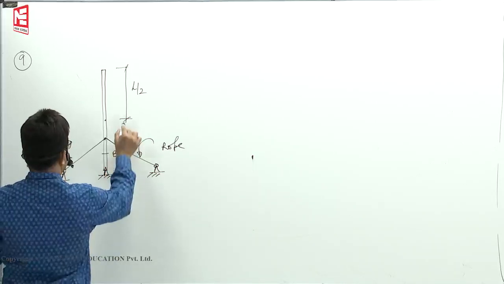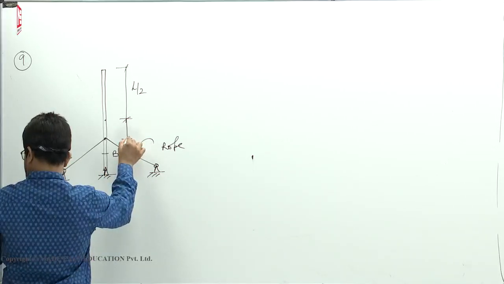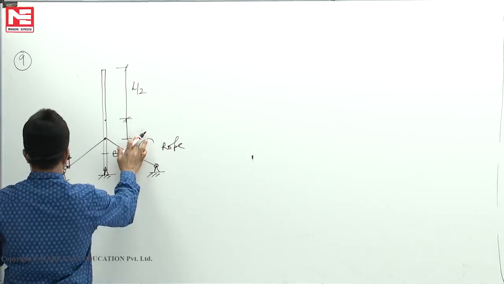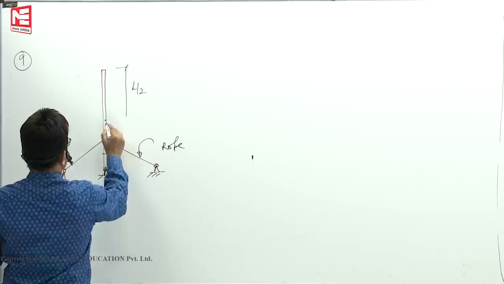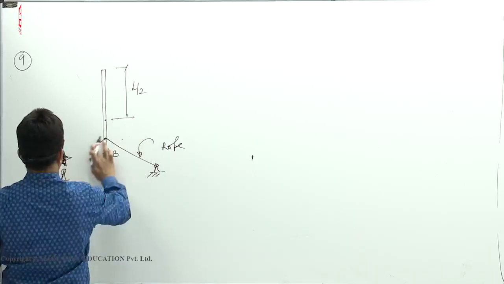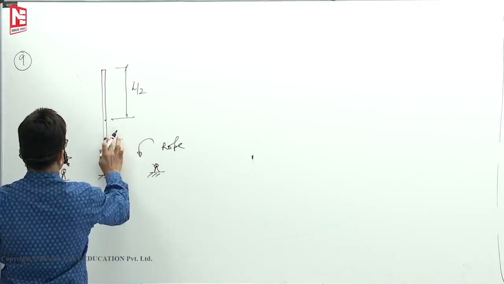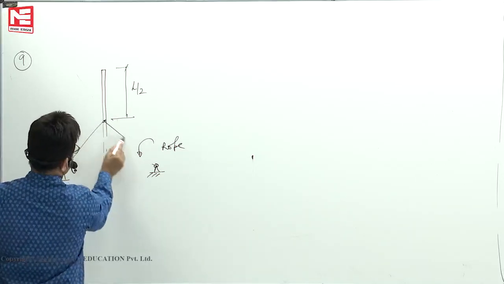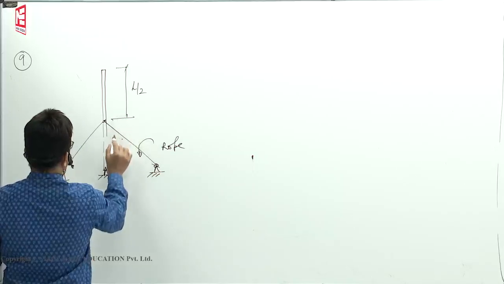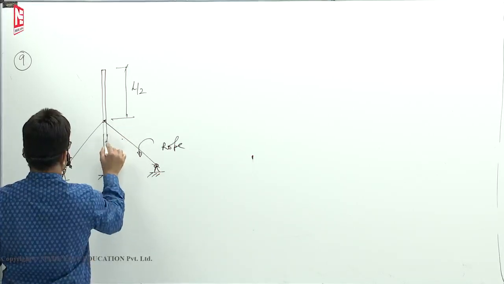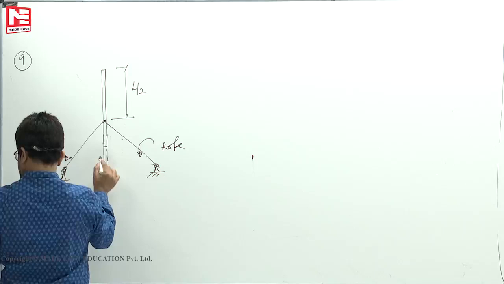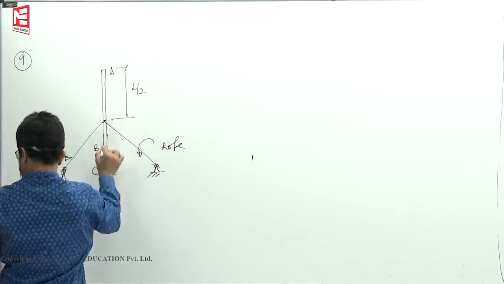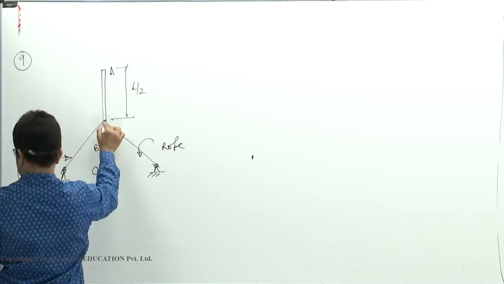This point, let us say, somewhere here B. So from here to here it is L by 4. We have connected at center. Cable is connected at center. Okay. L by 2. Somewhere here it is B. A, B, C. This is the center point.